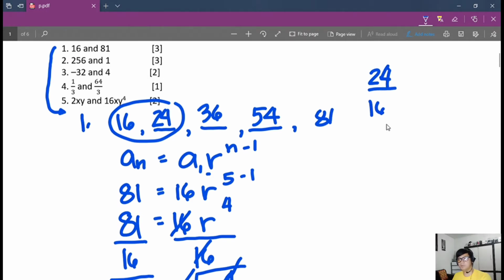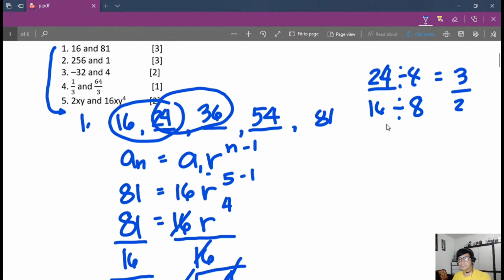As you can see, both numbers are divisible by 8, right? So 24 divided by 8 is 3, and 16 divided by 8 is 2. 3 halves. The same with this one. 36 over 24, divided by 8. Sorry, not quite. What we will do is get the highest divisor of the two. So we can divide by 12. 12 also here. So 3 halves also. So all of them have a common ratio of 3 halves.